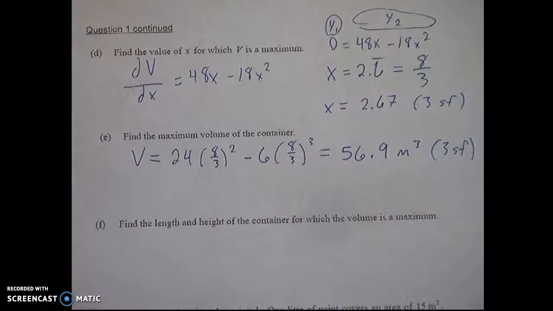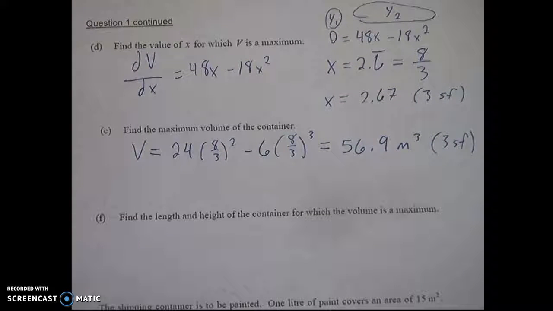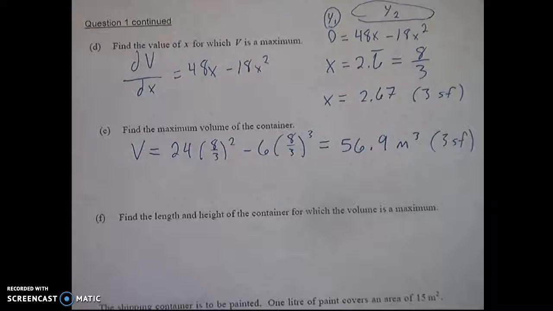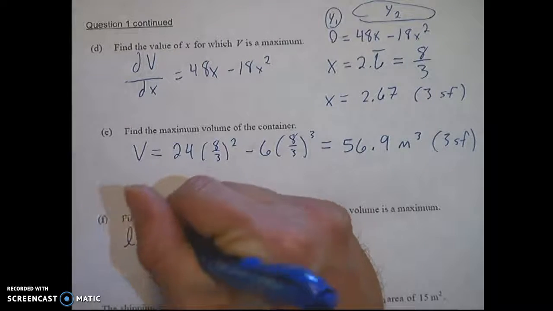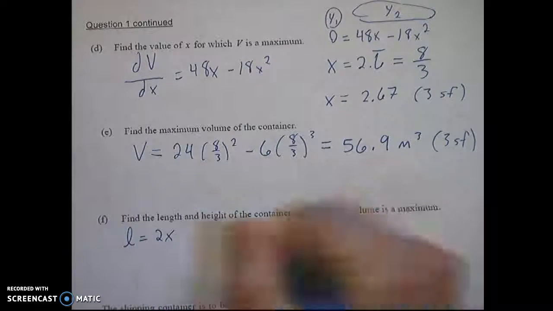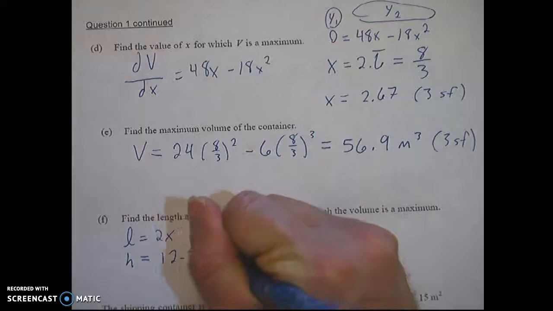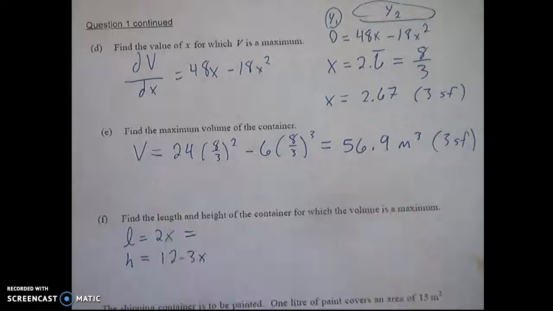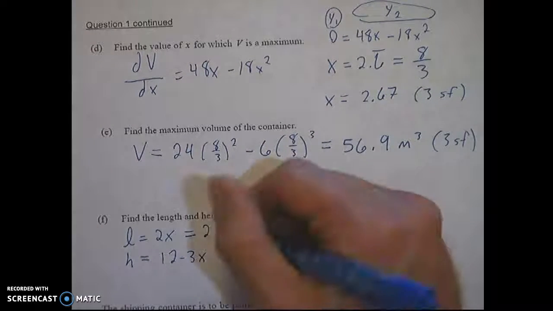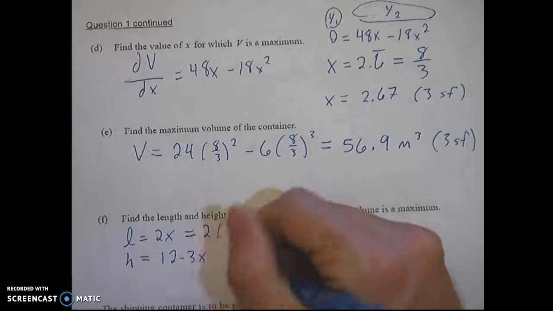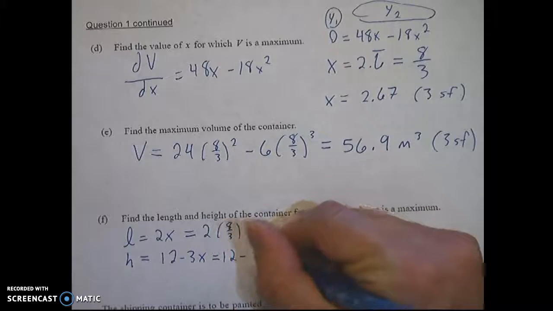In part F, we're supposed to find the length and the height of the container for which the volume is a maximum. Okay, so the length and the height, I know that the length is 2x, and the height was, we showed it to be 12 minus 3x. So the length is just 2 times 8 over 3, and the height is 12 minus 3 times 8 over 3.